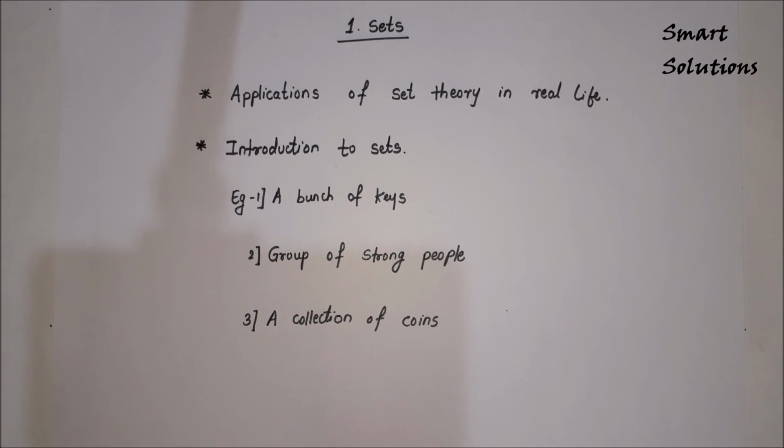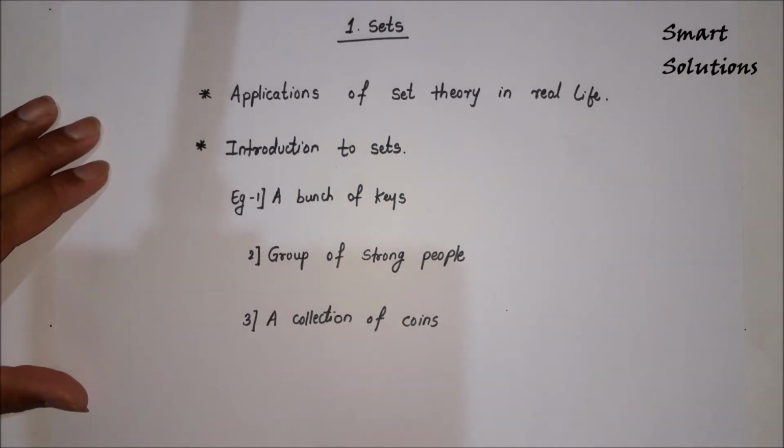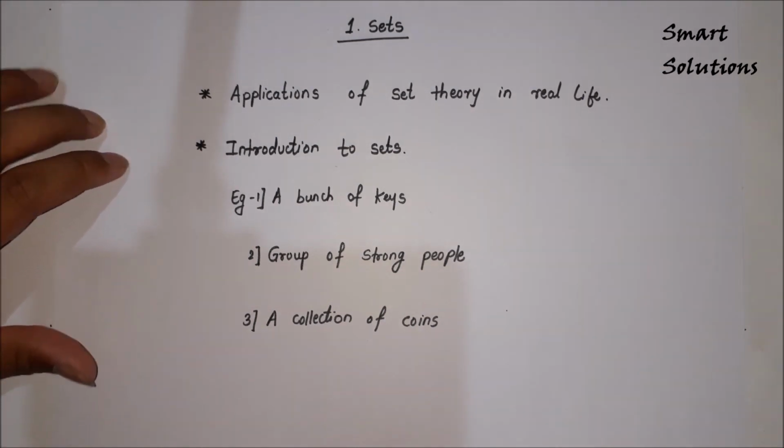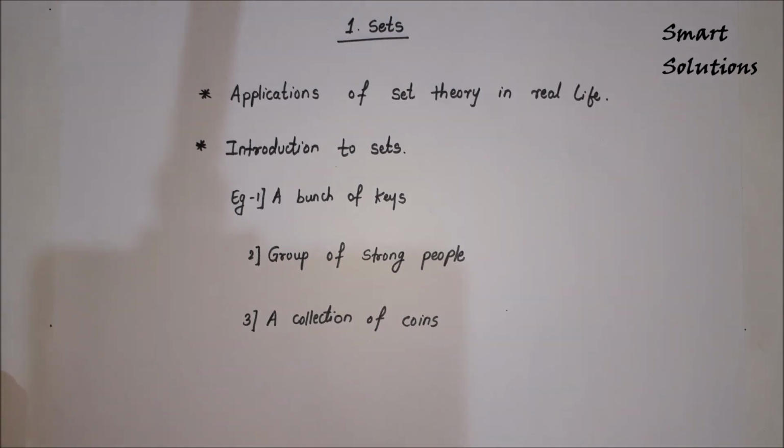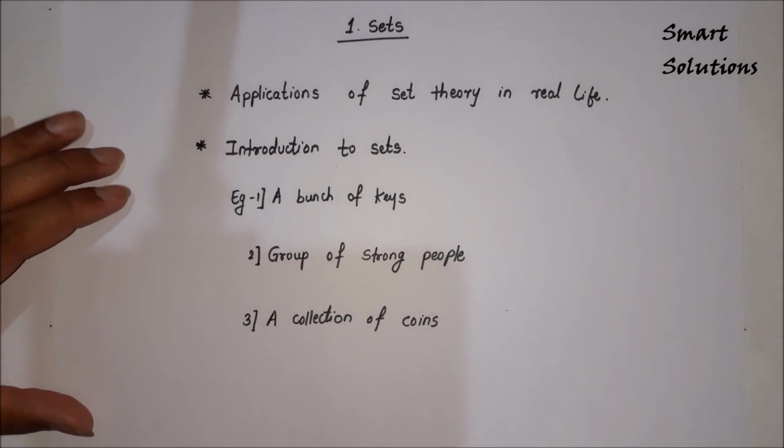So with these three examples, let us try to understand which group or which thing can be called a set. So basically a set means a collection of something, okay, but can every collection be called a set or not? So let us verify it.